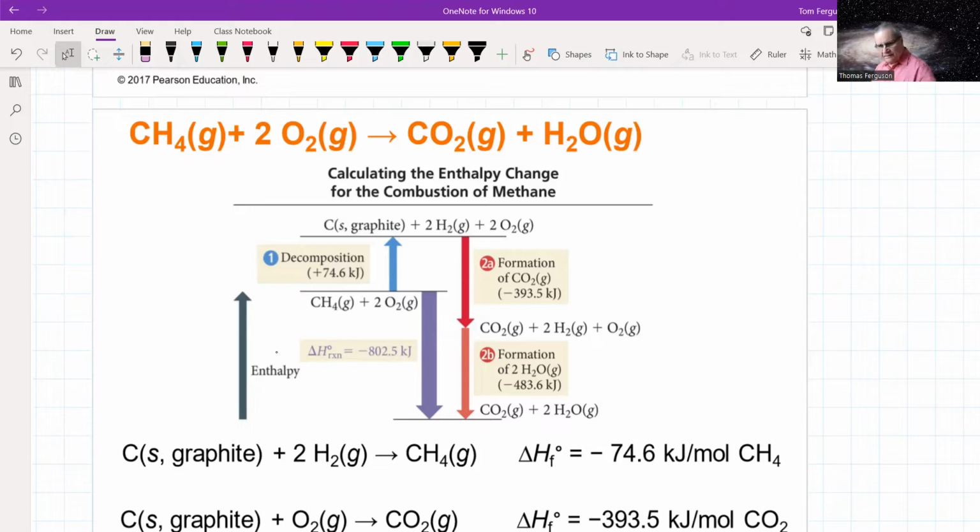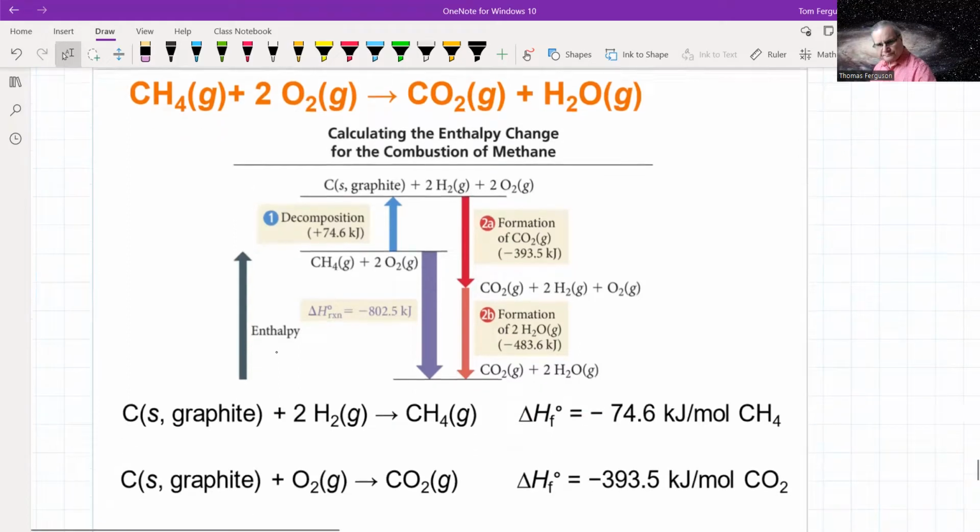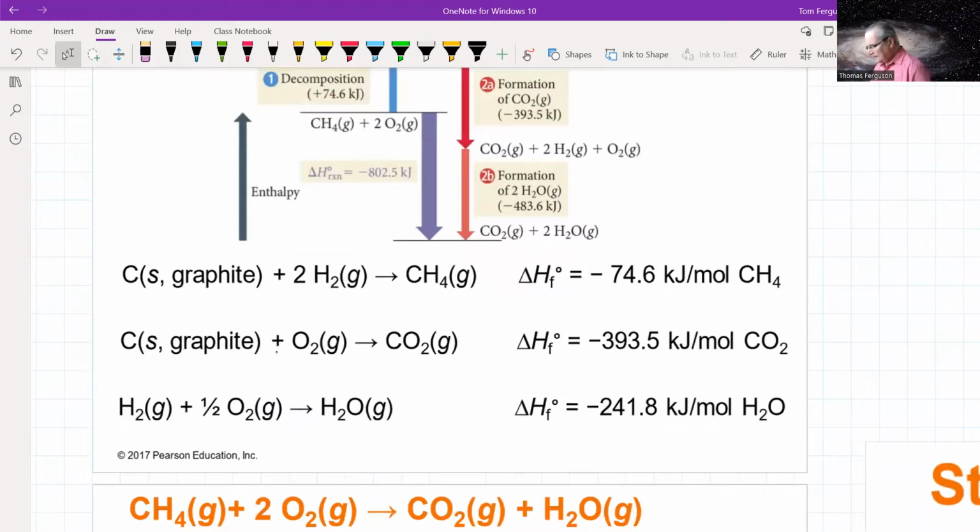Now the idea here is we want to take the formation of the products and reactants and those subsequent delta H's to find the total delta H of the total reaction, because we know the delta H's of the formations from our tables.